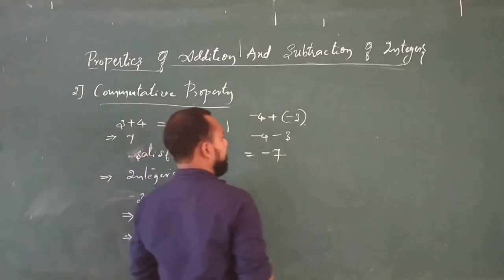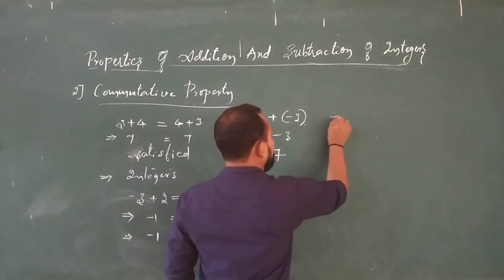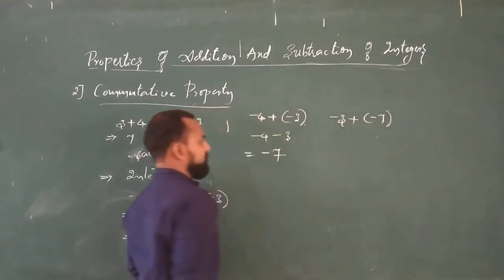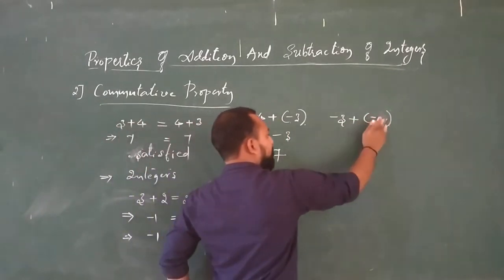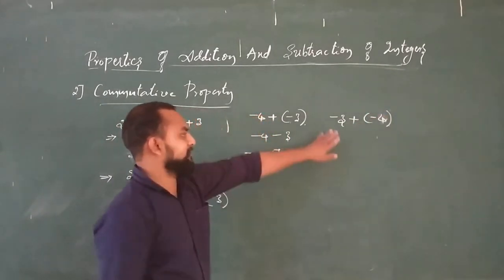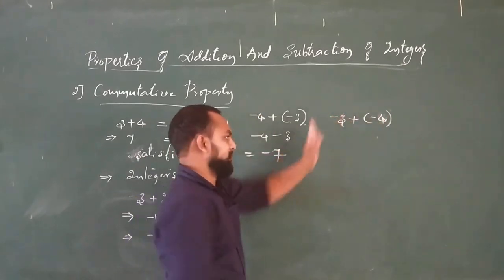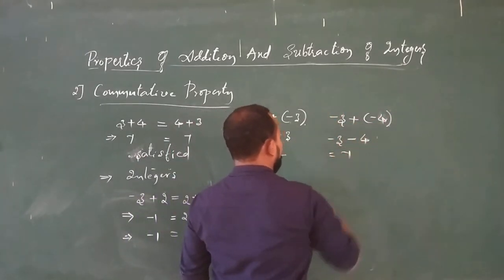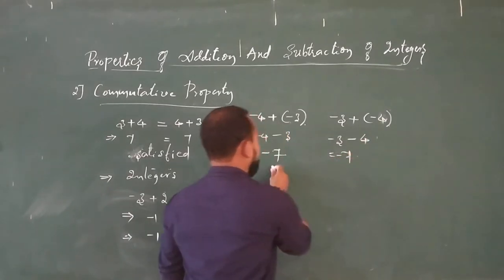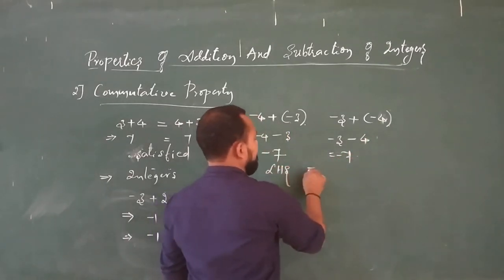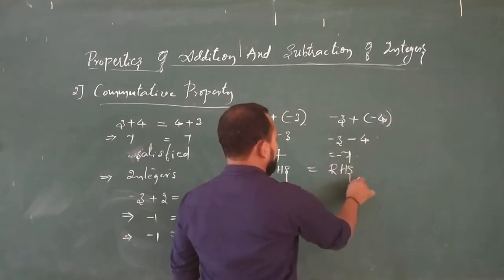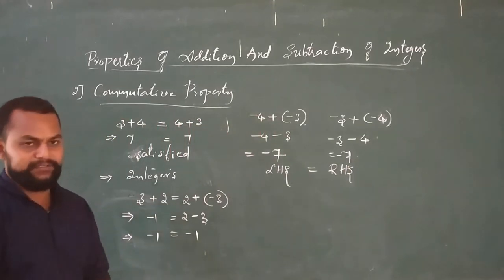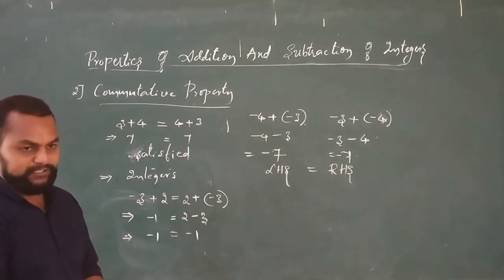Then in another order, minus 3 plus minus 4, again minus 7. Here the LHS equals the RHS. The integers are commutative under addition.